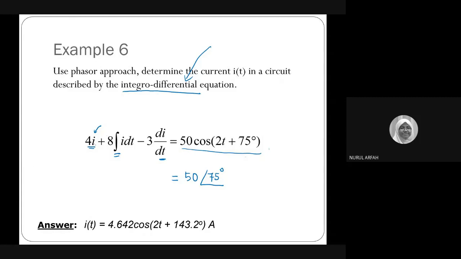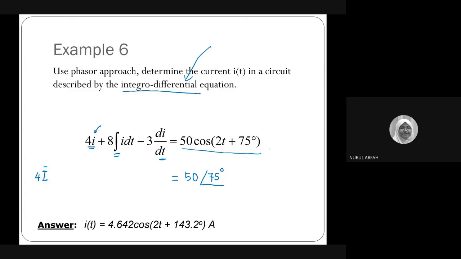How do we convert it into phasor? For I bar, a straight conversion.